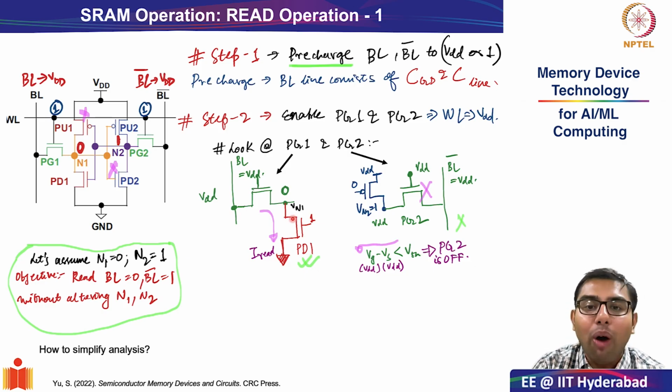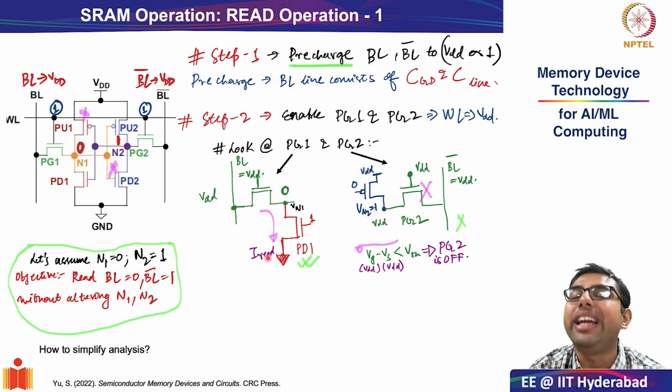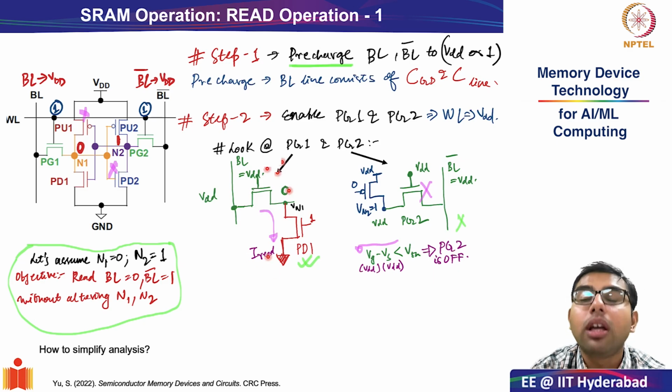Okay, so now we see where the activity in the read cycle will be initiated from, through this read current, the I read current. To repeat, we saw that PG1 will indeed be turned on because it is meeting the condition VGS greater than VTH. Here VGS is VDD minus 0, which is greater than VTH.